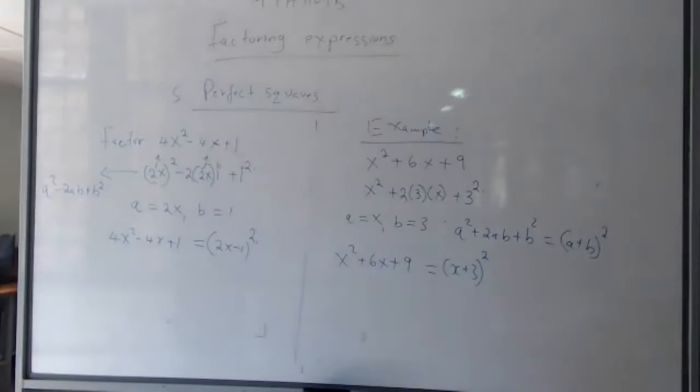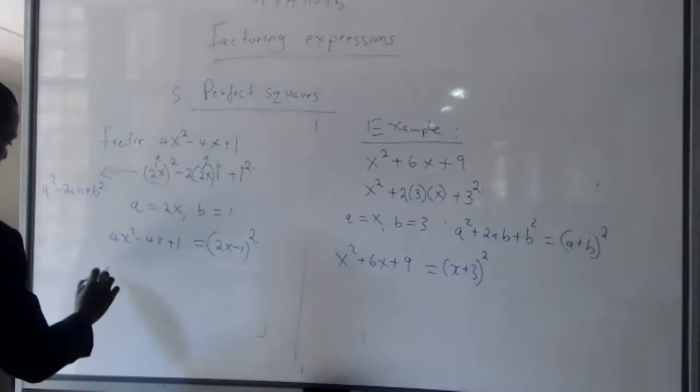In the first example that you gave, you said that a squared minus b squared is equal to a squared minus 2ab plus b squared. So now when you write your final expression there, in brackets 2x minus 1, you said a minus b? No, I said the formula: a squared minus 2ab plus b squared.